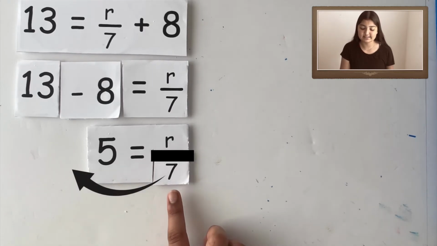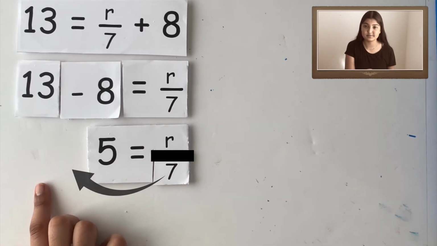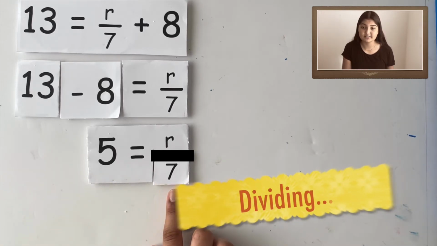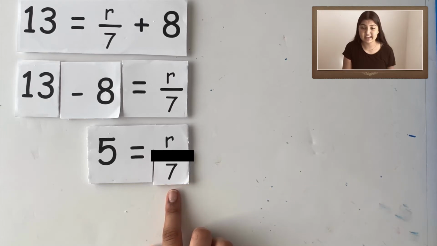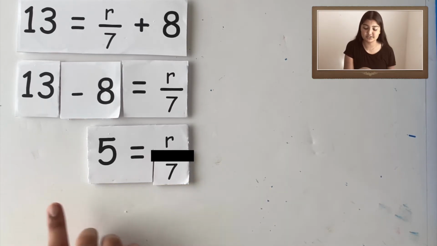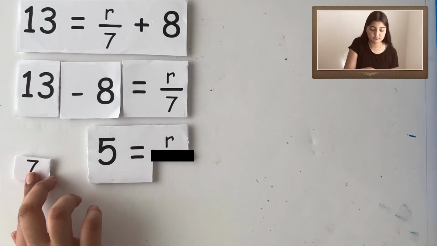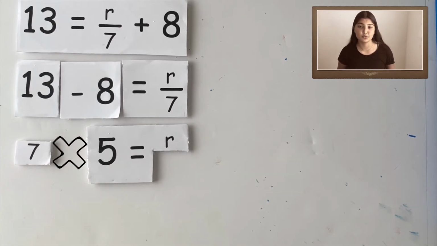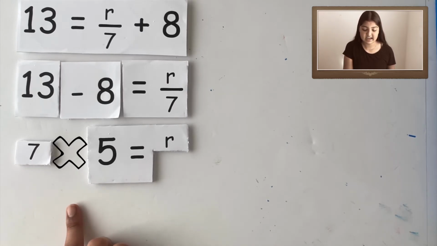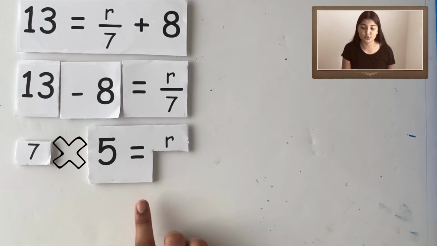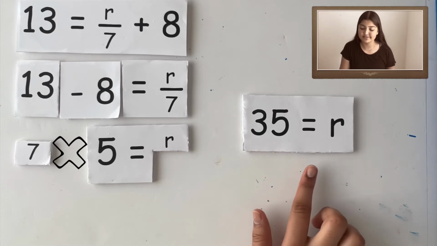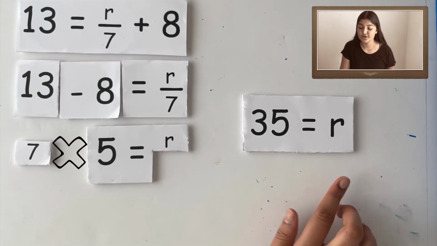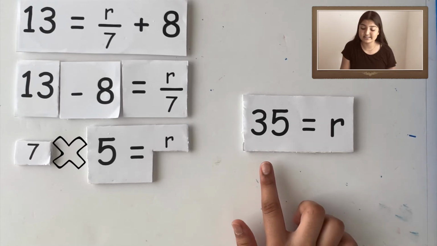So let's take 7 to the other side. Here, 7 is dividing. So when we take it to the other side of the equation, 7 will multiply. 7 times 5 is equal to r. So 35 is equal to r, or the value of r is 35.